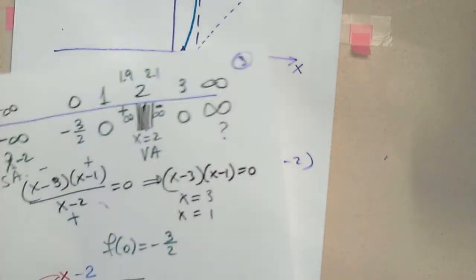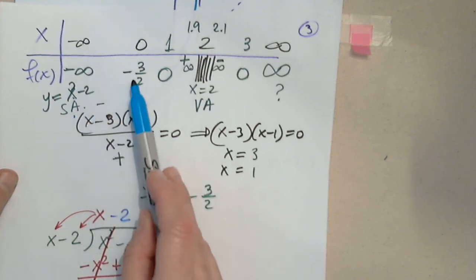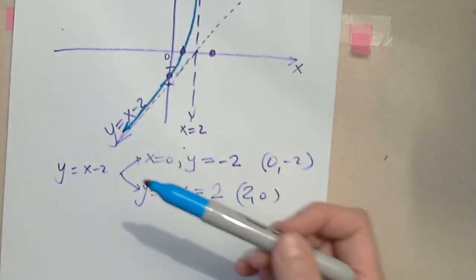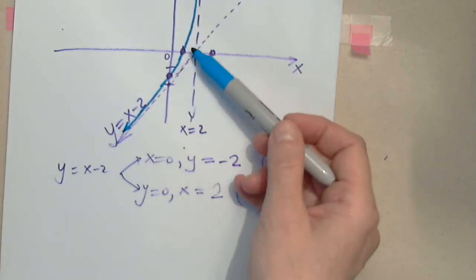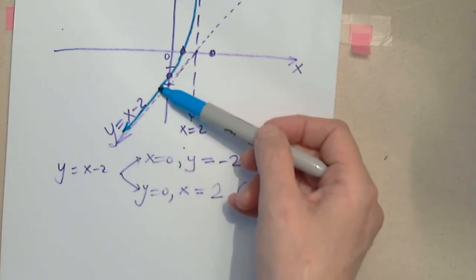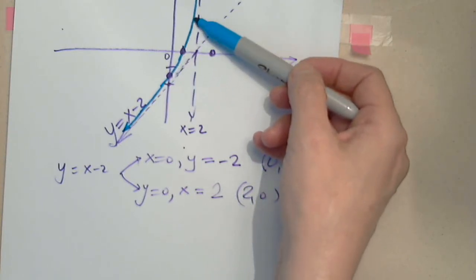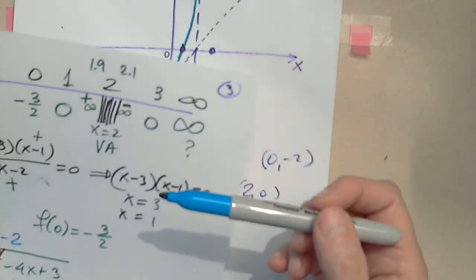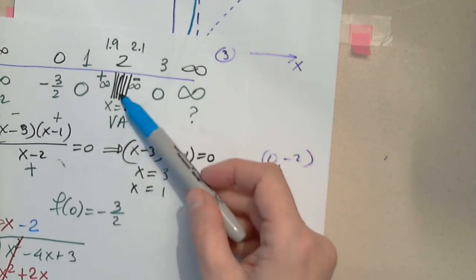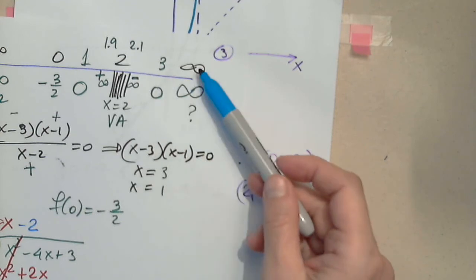One more time. Close to the slant asymptote, from -infinity, cross the y-axis, cross the x-axis, and go to infinity. On the other side, from approaching the vertical asymptote, -infinity, cross and go to infinity.